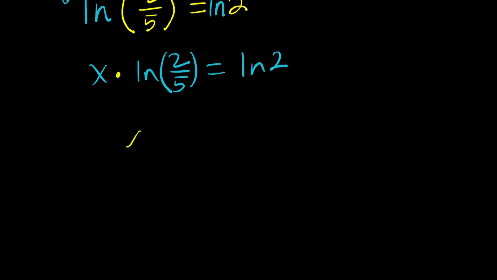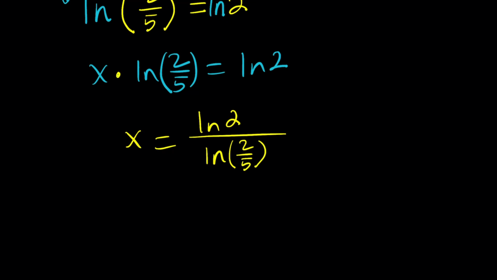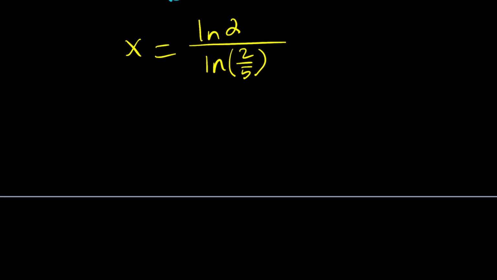X values or x value? Well, it looks like there's only one because these are constants and their ratio is also a constant. So x equals ln 2 over ln 2 over 5 is going to be the only real solution. So how do we find complex solutions? Let's go ahead and take a look, and then we're going to take a look at something else.